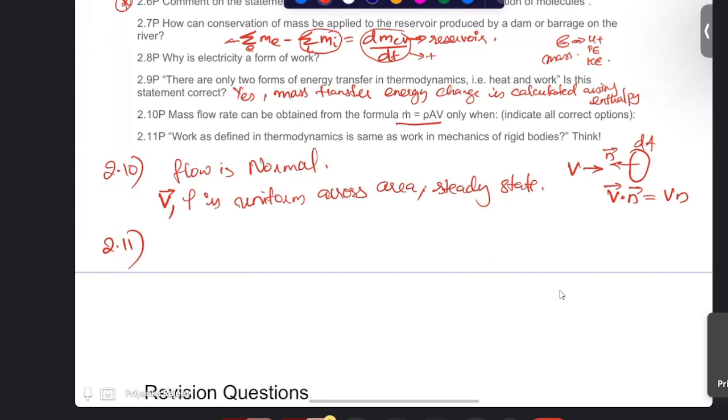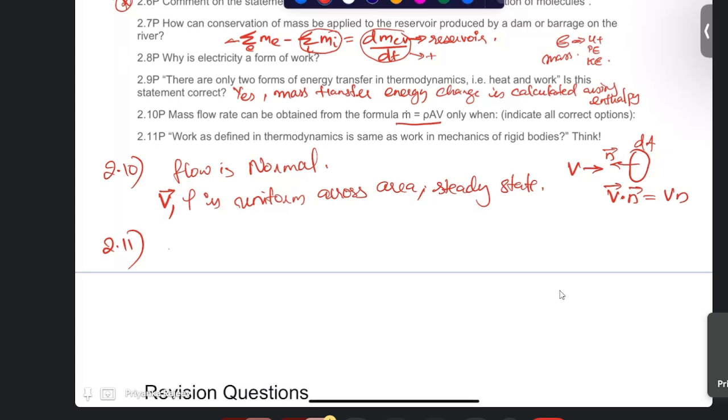In rigid body mechanics, we are only thinking about the gravitational field. But in thermodynamics, we are talking about electrical energy, mechanical energy, magnetic force, and the work done by magnetic force. All those things we are talking about. So the concept is the same, but we are taking a broader perspective of work.